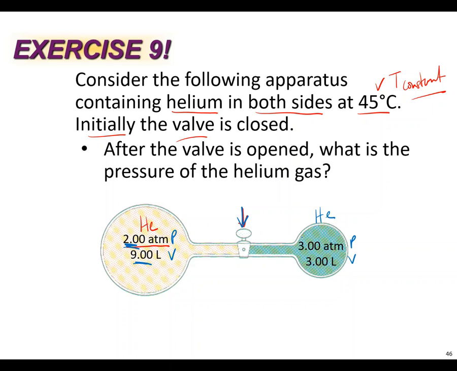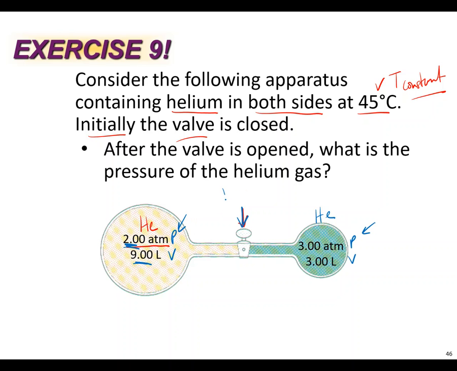When I open this valve, this side gas is going to be able to creep over to that side. So when I open the valve, the gases start to mix and they have more space to spread out. So the volume is going to change. When the volume changes by opening the valve, that's also going to alter my two partial pressures.